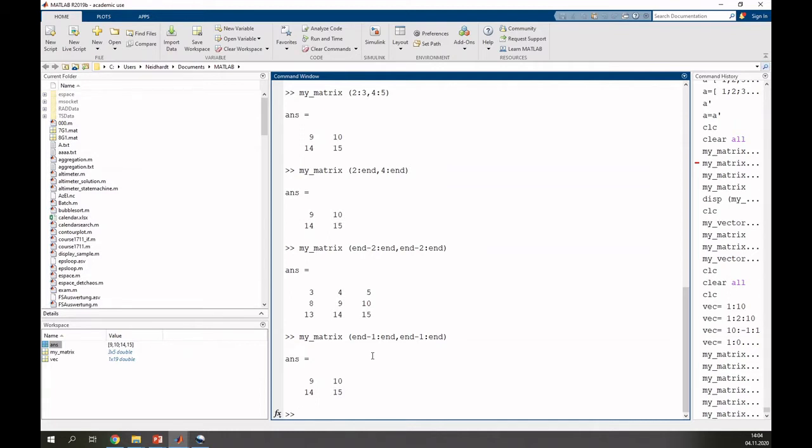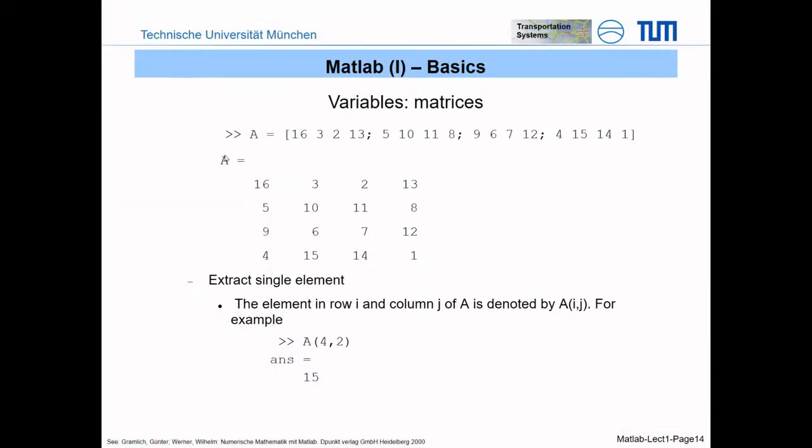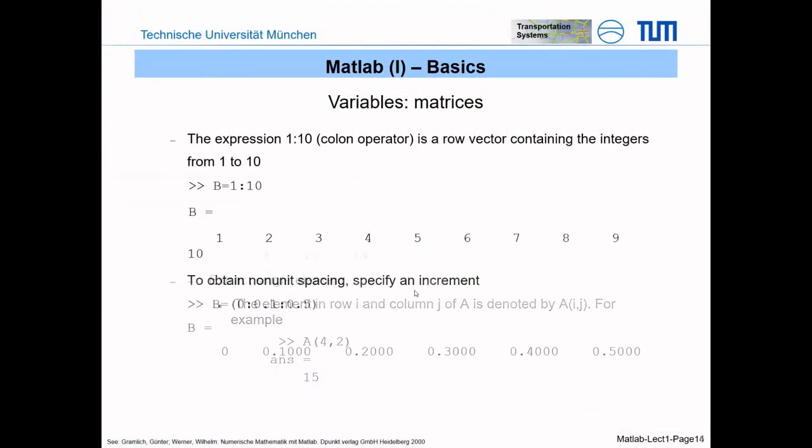So you see, it's a really powerful tool. You don't have to know the exact dimensions of the matrix, and you can select single elements of this matrix quite easily.